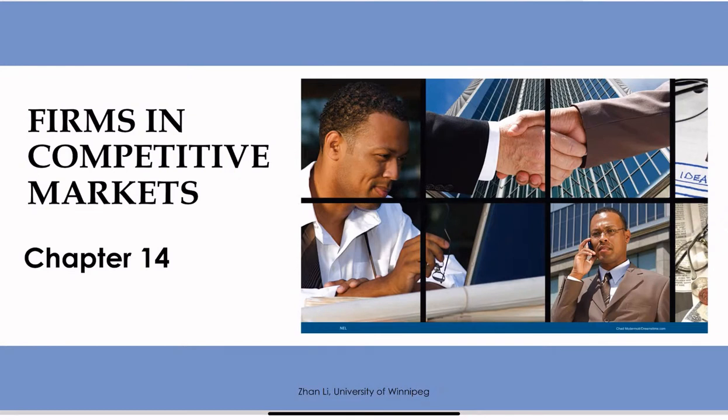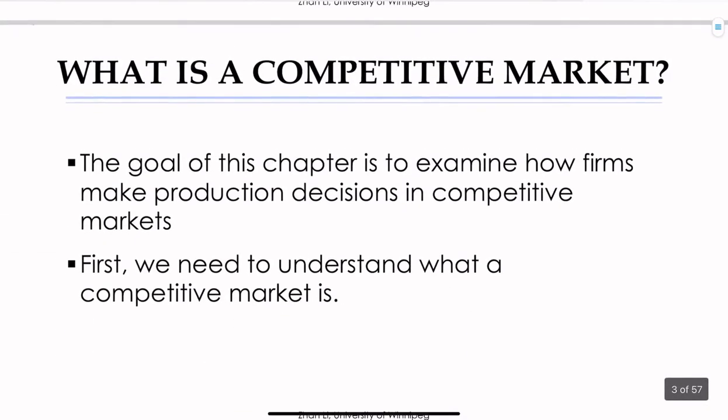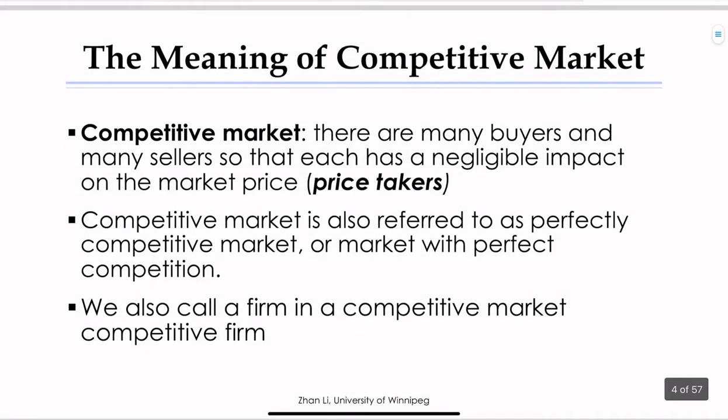It's the simplest type of market we could learn. First, let's define what a competitive market is. By definition, we assume in this competitive market there are many buyers and many sellers. Why do we require this market to have a lot of buyers and sellers?